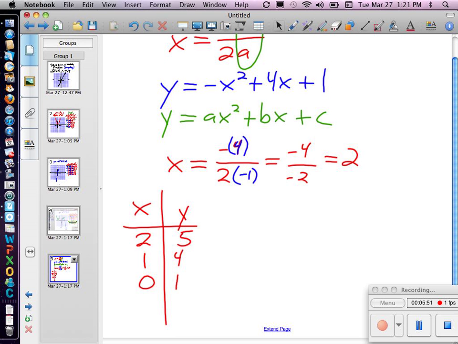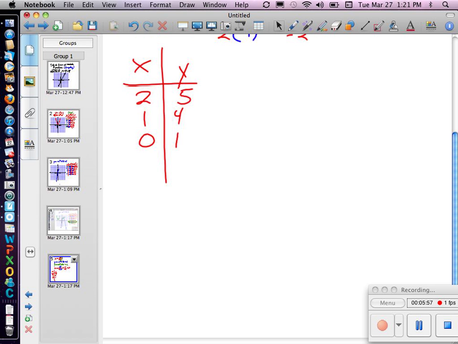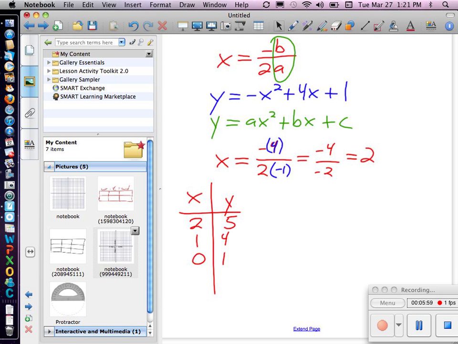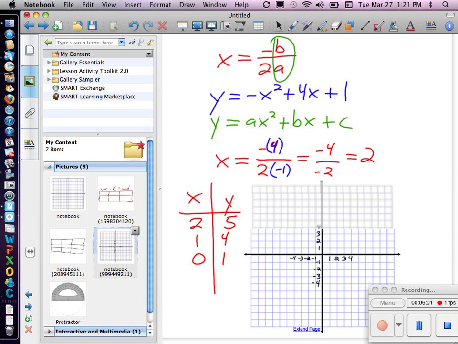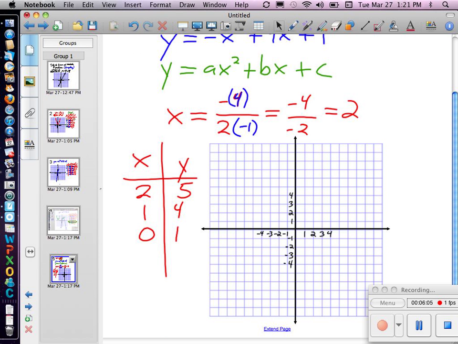Well, here's another cool thing about graphing these quadratic functions. Once I know where the vertex is, 2 comma 5, the vertex also creates this invisible mirror called a line of symmetry or axis of symmetry.